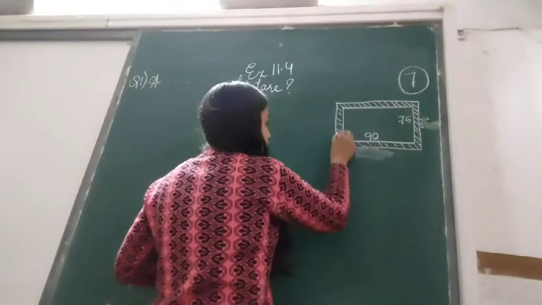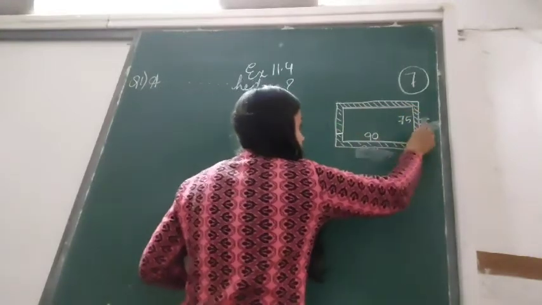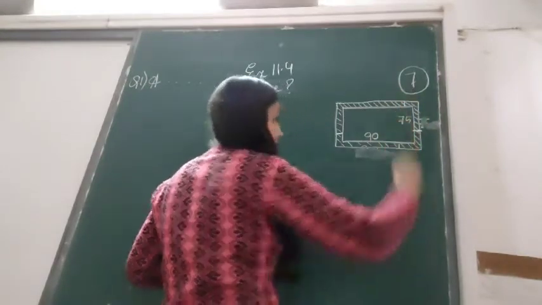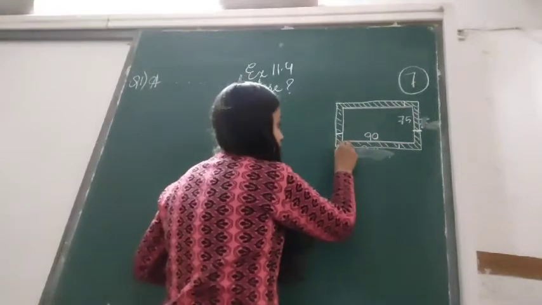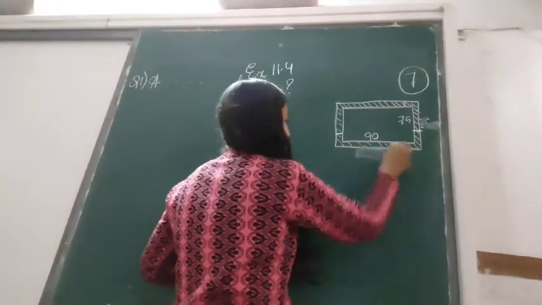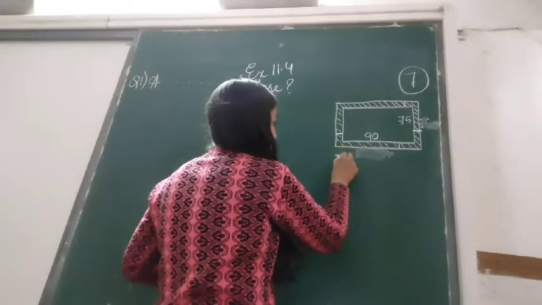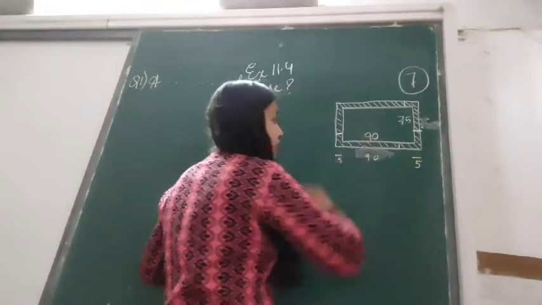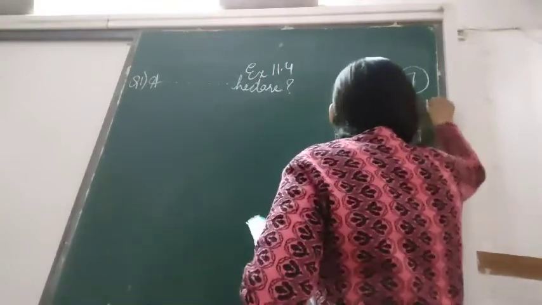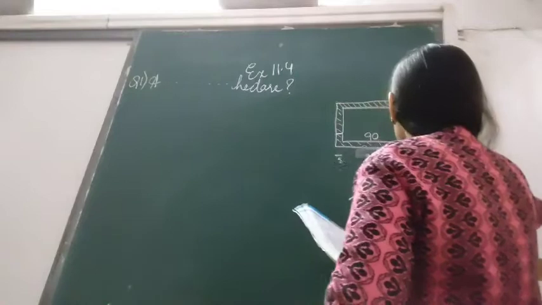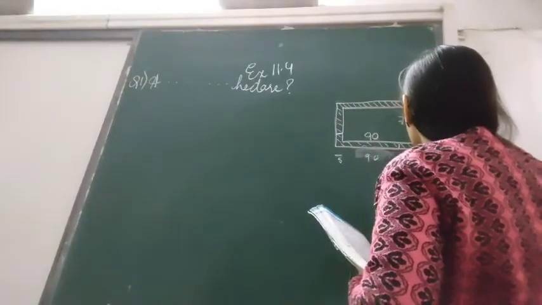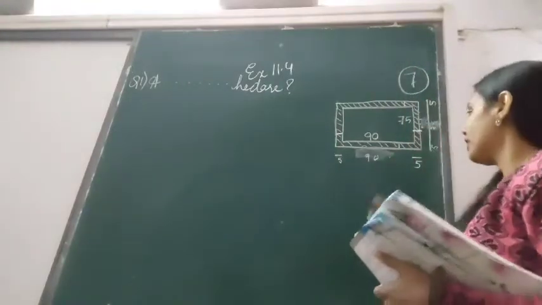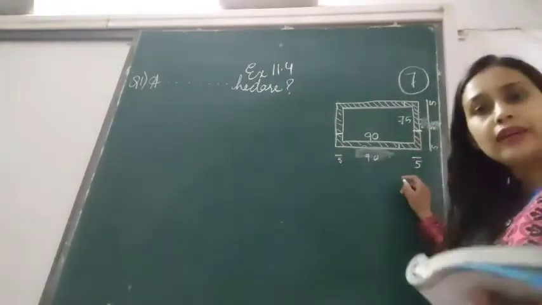So here children, this is 5 meters, this is 5 meters, this is 5 meters, and this is 5 meters. So if we talk about this line, it is 5 here, 90 here, and 5 here. Similarly, if we talk about this edge, it is 5 here, 75 here, and 5 here. So we are getting a new length and a breadth.